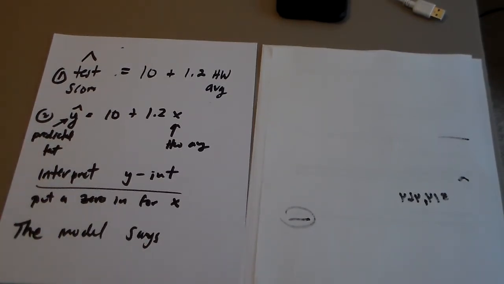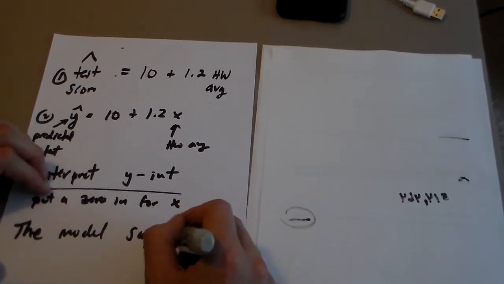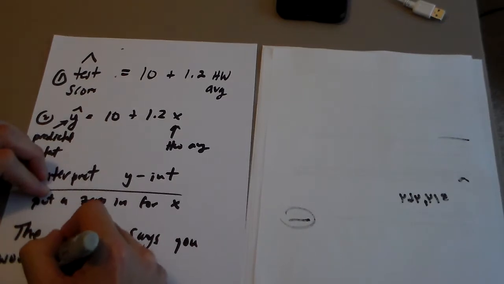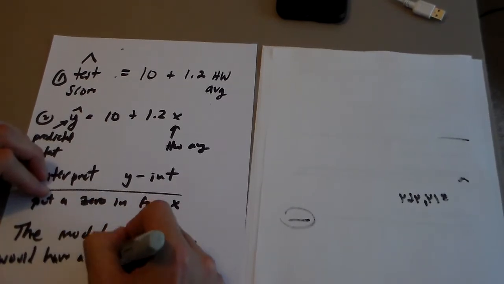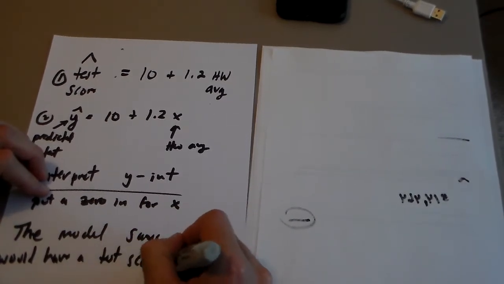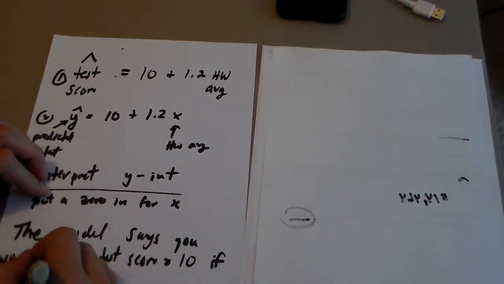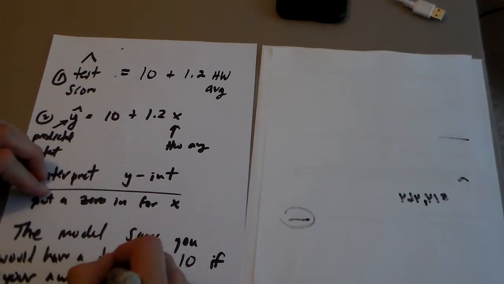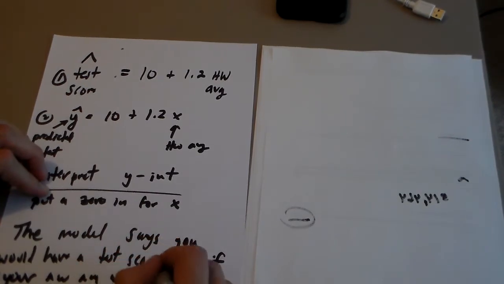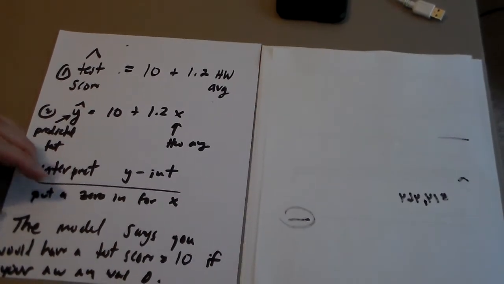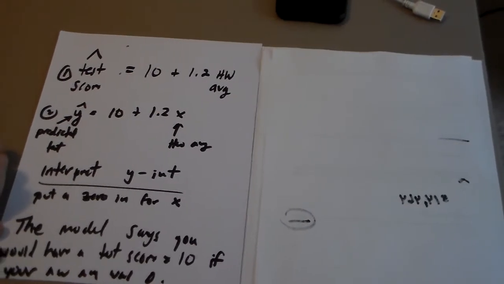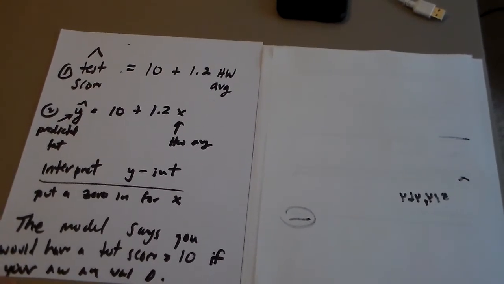The model says you would have a test score equal to 10 if your homework average was 0, okay? So that is the correct way to interpret that, okay?